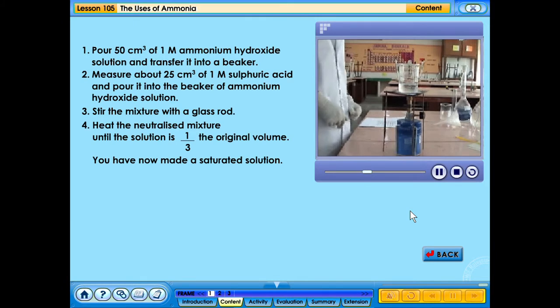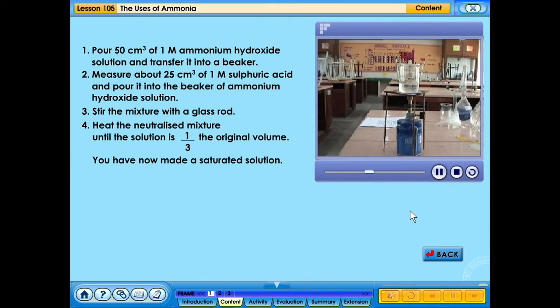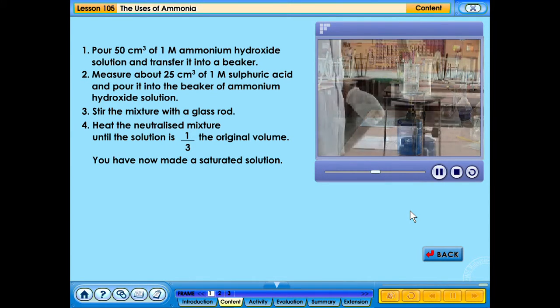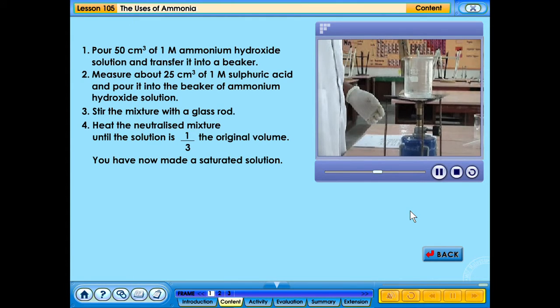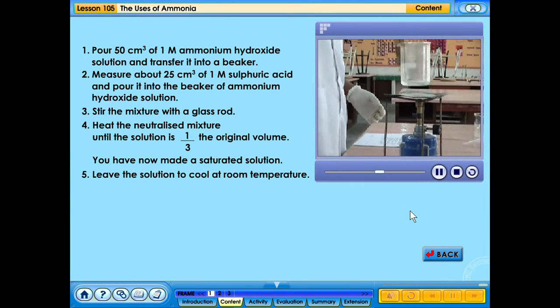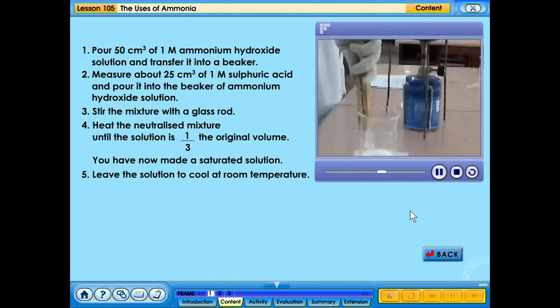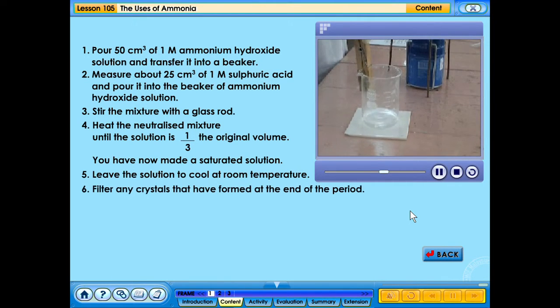4. Heat the neutralized mixture until the solution is 1/3 of the original volume. You have now made a saturated solution. 5. Leave the solution to cool at room temperature. 6.